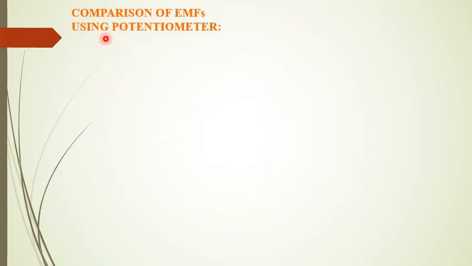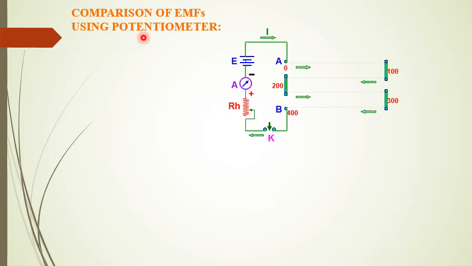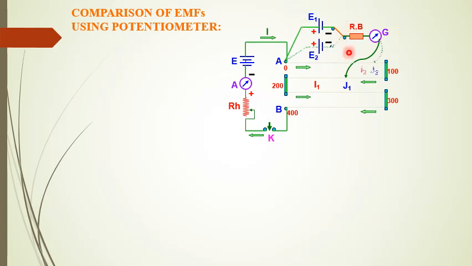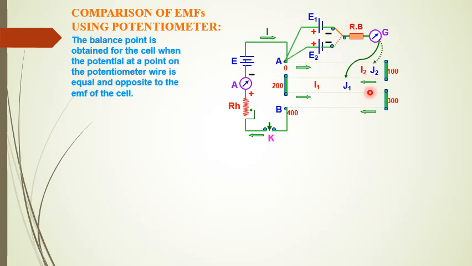Now comparison of EMF using potentiometer. Now the circuit diagram is quite the same, but we are using two primary cells, one of EMF E1 and another of EMF E2. The balance point is obtained for the cell when the potential at a point on the potentiometer wire is equal and opposite to the EMF of the cell.